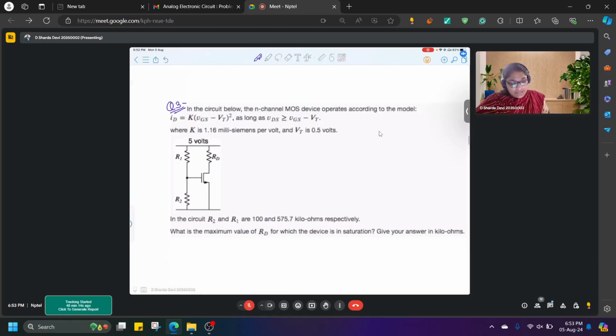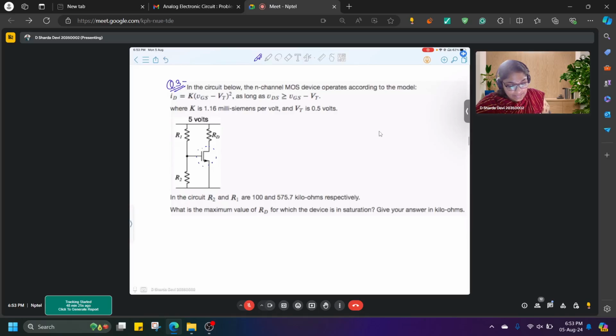Now coming to this third problem. So here, first of all, what type of MOSFET is this? Yes, this is NMOS. So that means this terminal is source, this is drain, and this is gate.